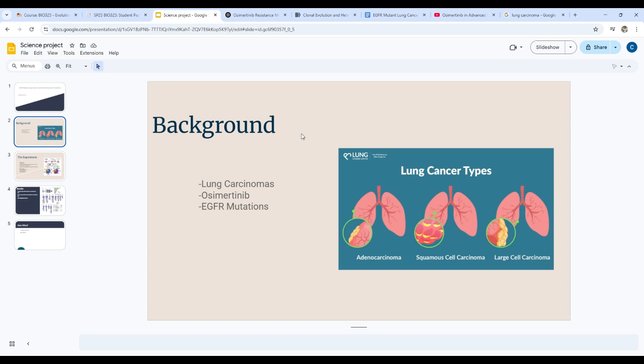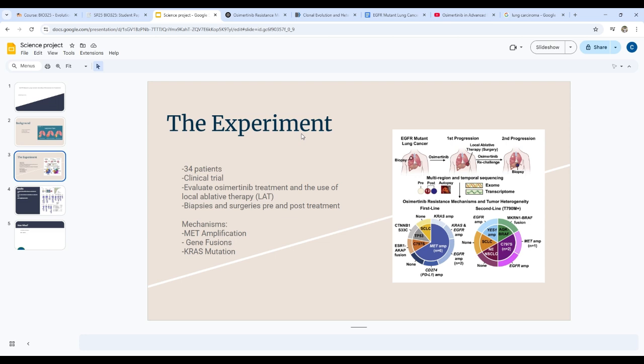When we look at the actual study, it enrolled 34 patients with these EGFR mutant lung adenocarcinomas. This was a phase 2 clinical trial, evaluating the treatment and the use of local ablative therapy, which we'll see in the next photo, or LAT for short, which is another form of progressive disease.